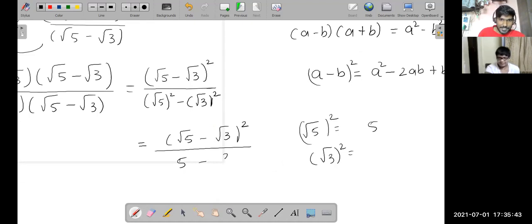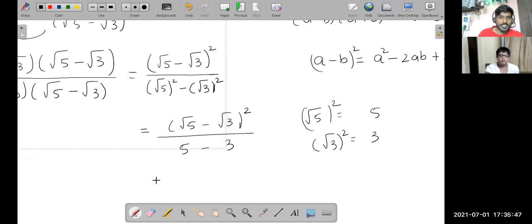So this is 3. Now the numerator I'll leave as it is, root 5 minus root 3 the whole square, divided by 5 minus 3, which is 2. So done. I have got a rational number in the denominator, and we can stop here.